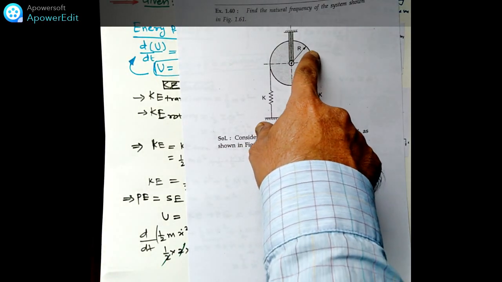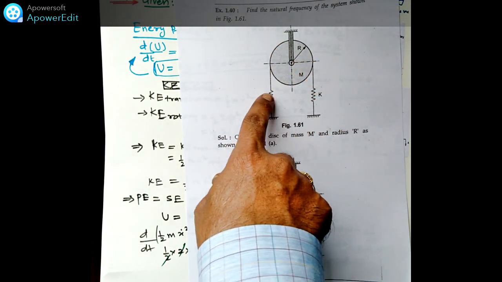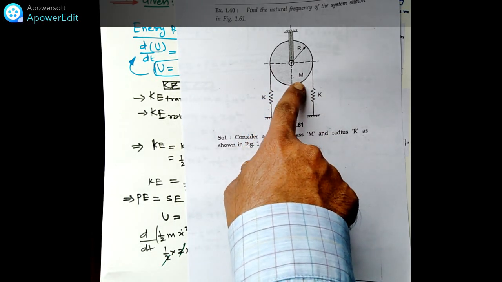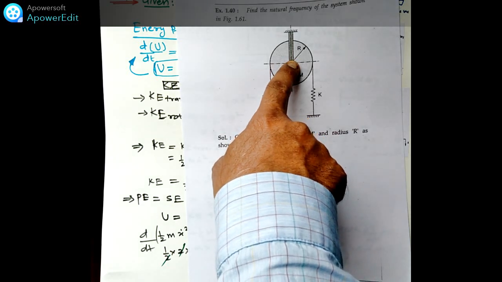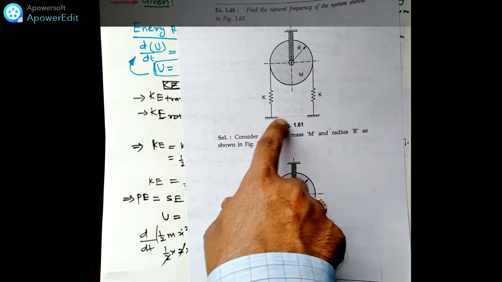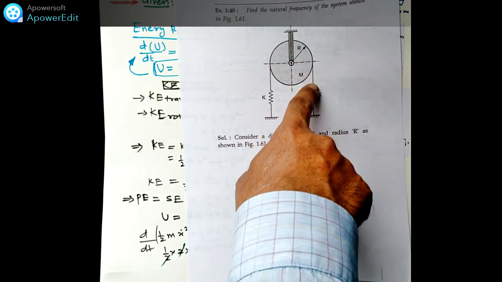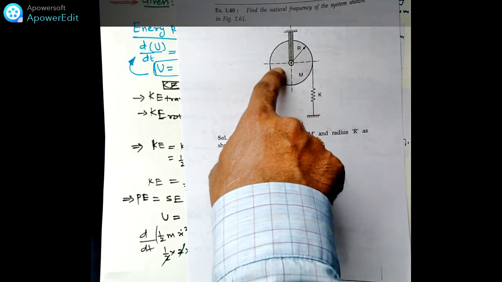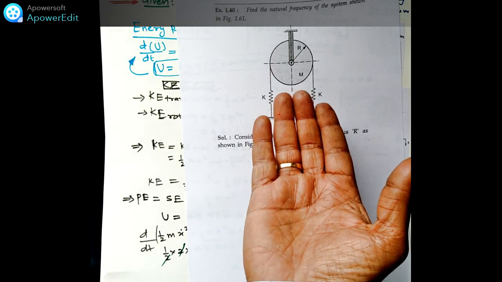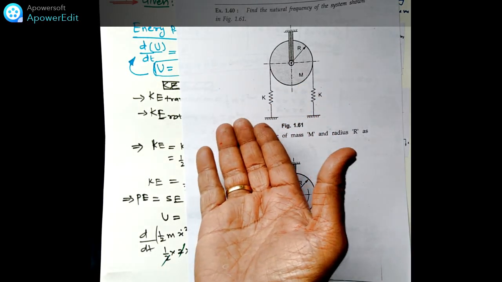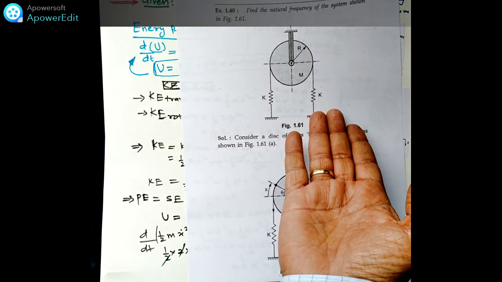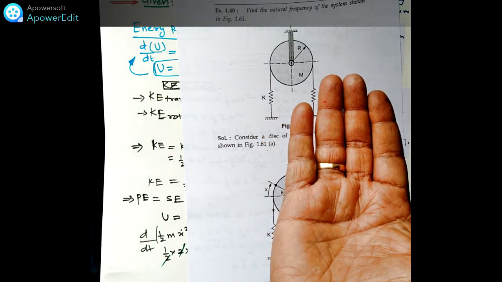The string is connected on both sides, with two springs of stiffness k, weight of pulley m, and r is its radius. Both springs are fixed on one side and connected through this string. Calculating this, translation motion is not there, only rotary motion we have to consider, and the KE and PE we just have to find out, and by using the two springs you can calculate P, and finally we can find out the Fn.